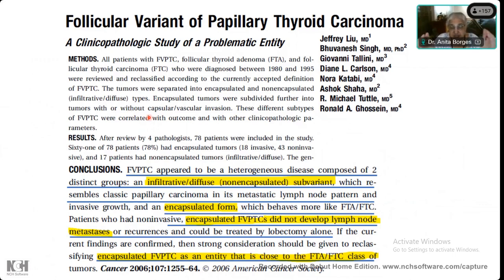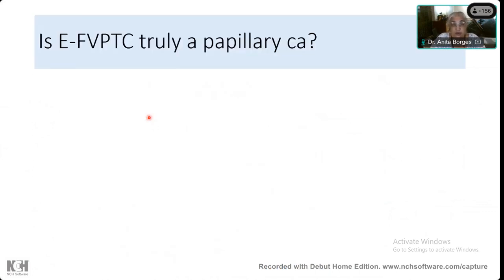For the first time, there was some sense that was now being made of these tumors that had papillary thyroid carcinoma nuclei and were follicular. Okay, so the question therefore was being asked. Certainly, I was asking it. Is encapsulated follicular variant papillary thyroid carcinoma truly a papillary carcinoma?